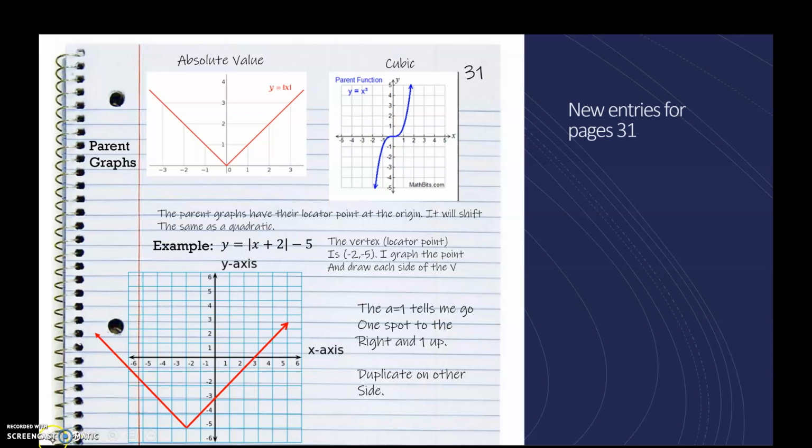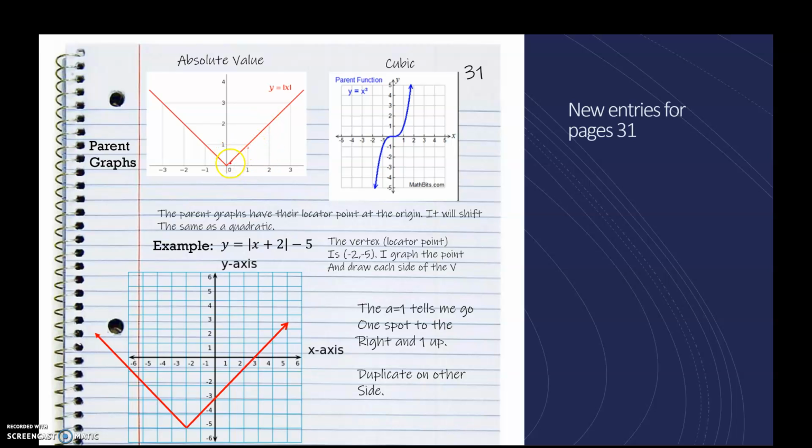So now I've got a few pictures here for you. Your absolute value is just like the quadratic, except it's straight lines on the sides. When you do this thing called parent graphs, these are the most basic ones right here. It doesn't move left or right. It's not stretched. One to the right and one up.